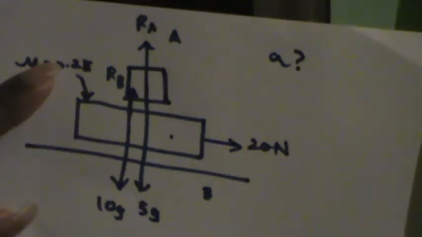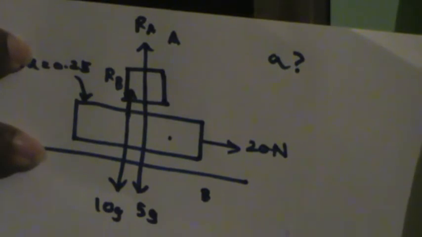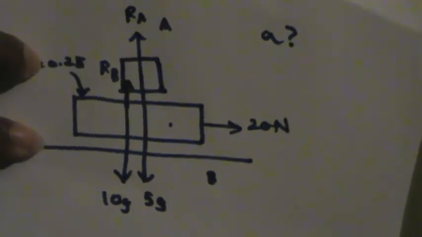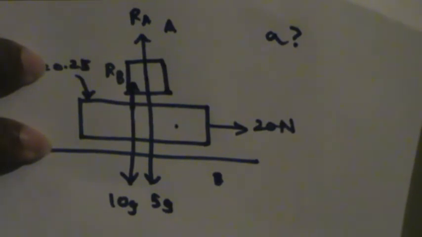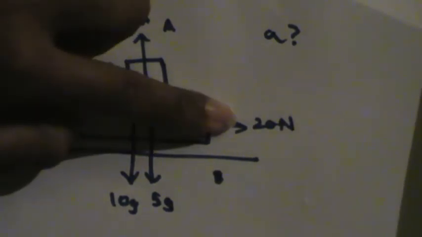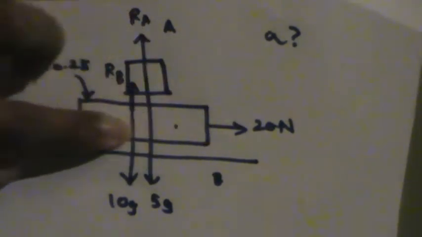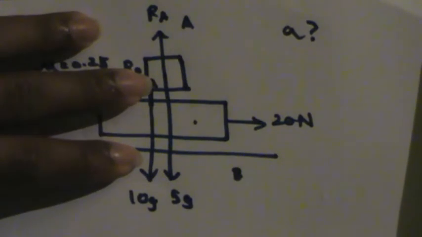Now this surface is frictionless. What happens when you have such a system? When you give some force on the bottom object, this bottom object tries to move relative to the top object.